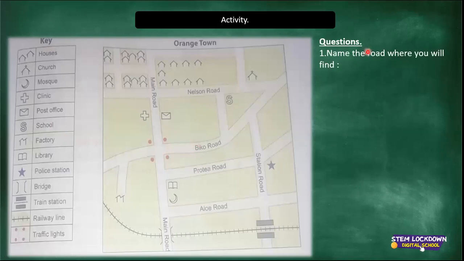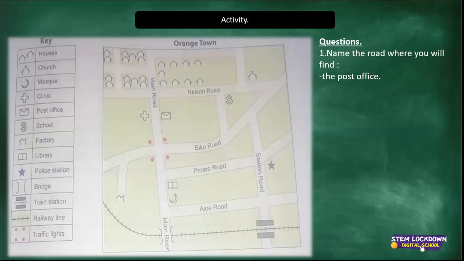I want you to name the road where you will find the post office.